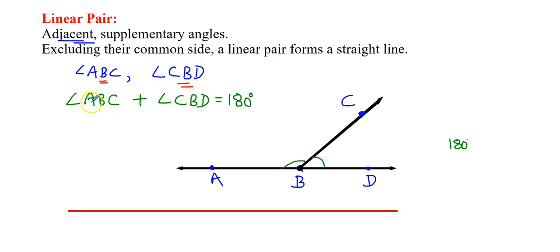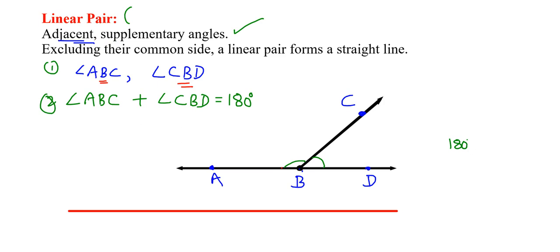And the sum of the two angles is 180, hence they are supplementary angles, right? So the first condition is adjacent, fulfilled here. The second condition, supplementary angles fulfilled. Hence that pair of angle ABC and angle CBD are called as a linear pair, right? From adjacent, the next condition, supplementary, is also fulfilled, hence it got a new name called as a linear pair.